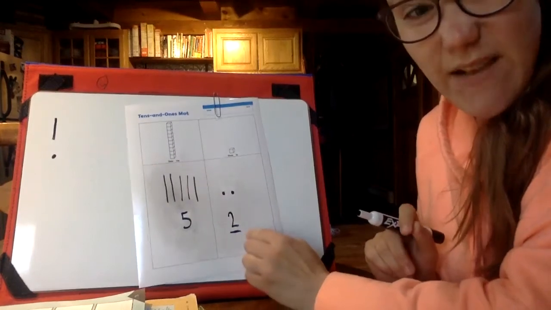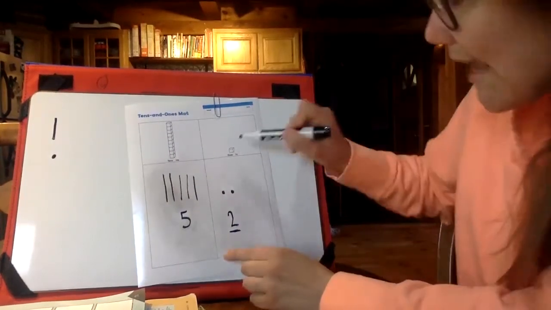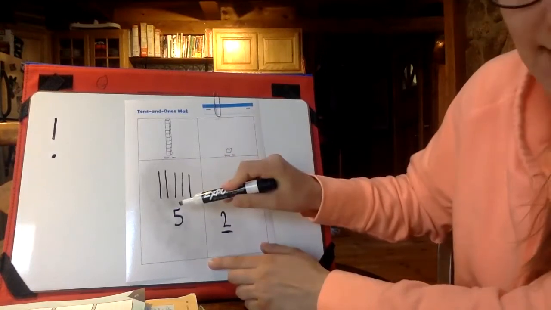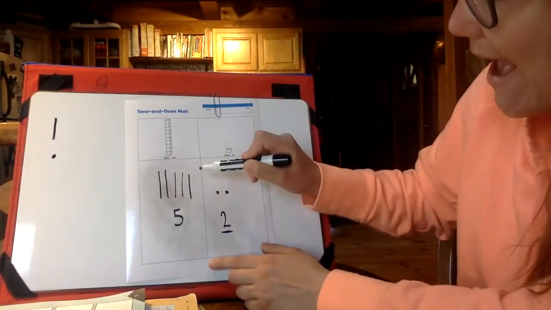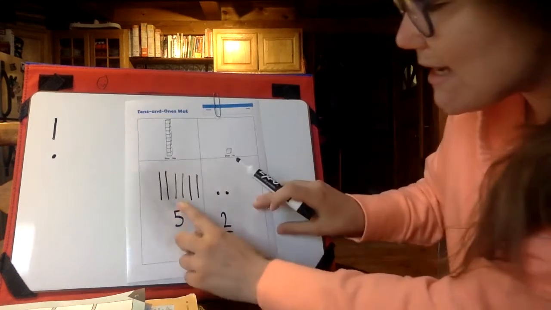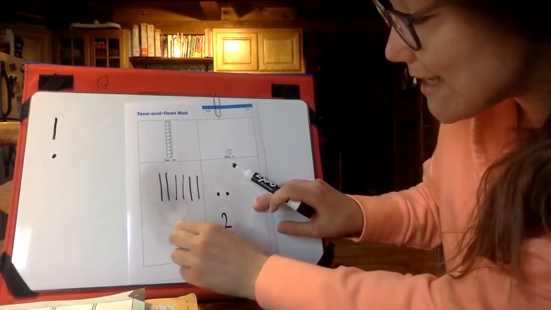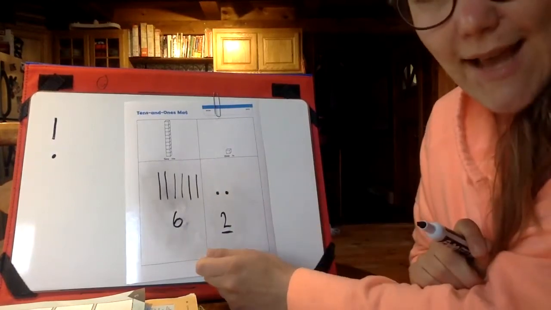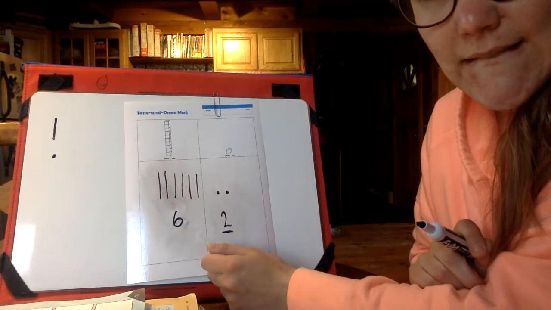Does it still have 2 in the ones place? Yeah, I didn't change anything over here. I'm only changing the tens. I'm adding tens, and the number in the tens place is getting bigger. Like that. Okay.